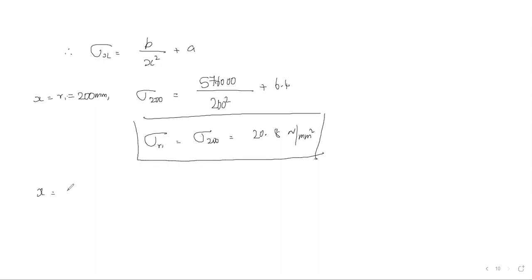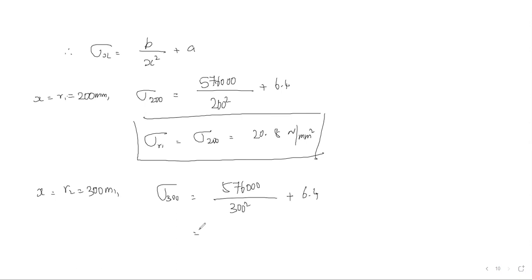Next, if x is equal to R2, that is 300 mm, then sigma 300 is equal to 576,000 divided by 300 square plus 6.4.